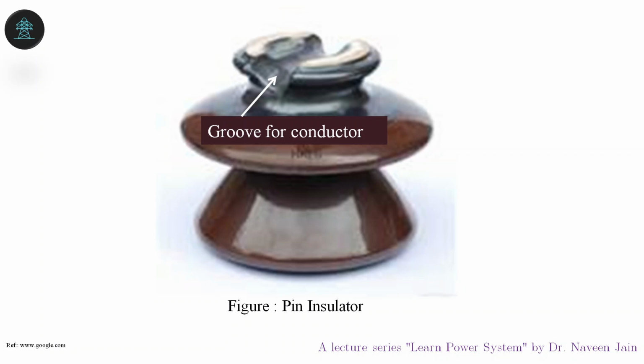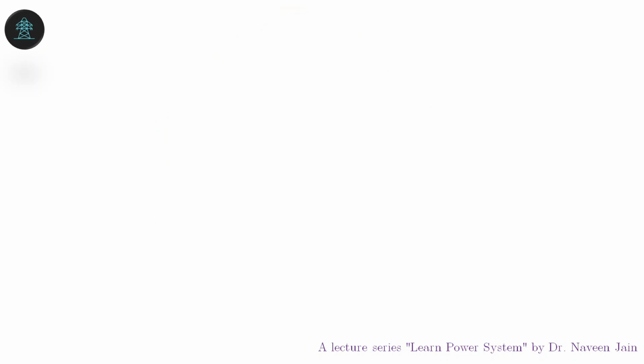This picture gives an idea about the pin type insulator. Normally, you can also see this type of insulator in your colony, because you can see 11 kV or 33 kV lines passing through your colony or near your grid substation GSS.